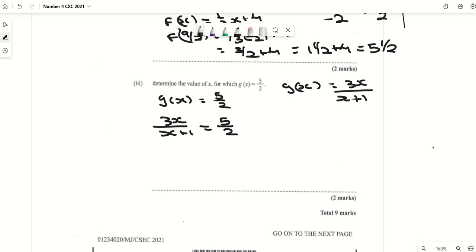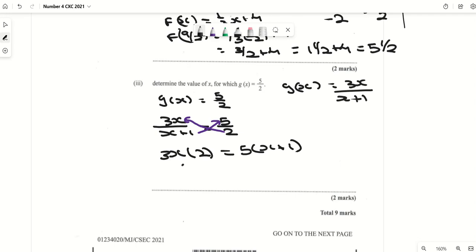So when you have two fractions on both sides, you do something called cross multiplication. So you multiply 2 by the top value, and then you multiply the denominator by the next part. We don't want any denominator, you always multiply the denominator by the next side on top. So it's going to be 3x multiplied by 2 is equal to 5 by x plus 1.